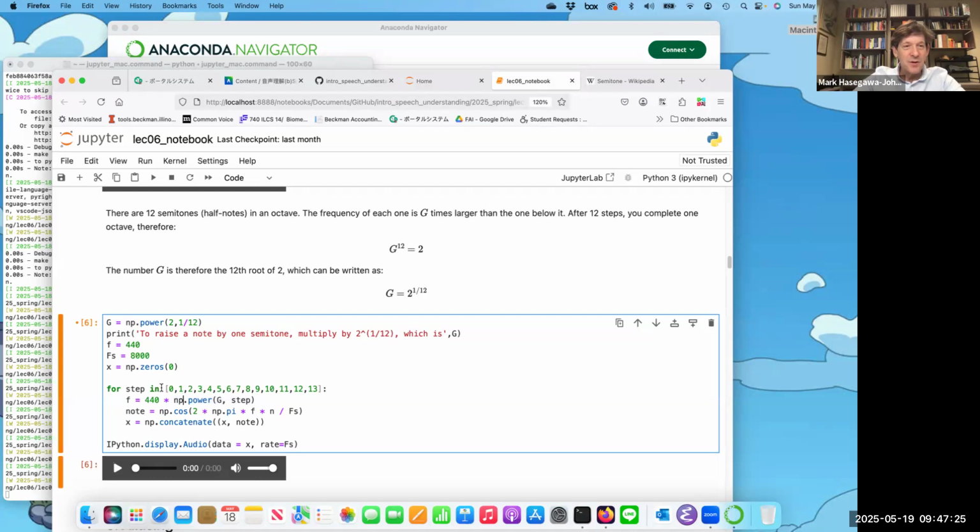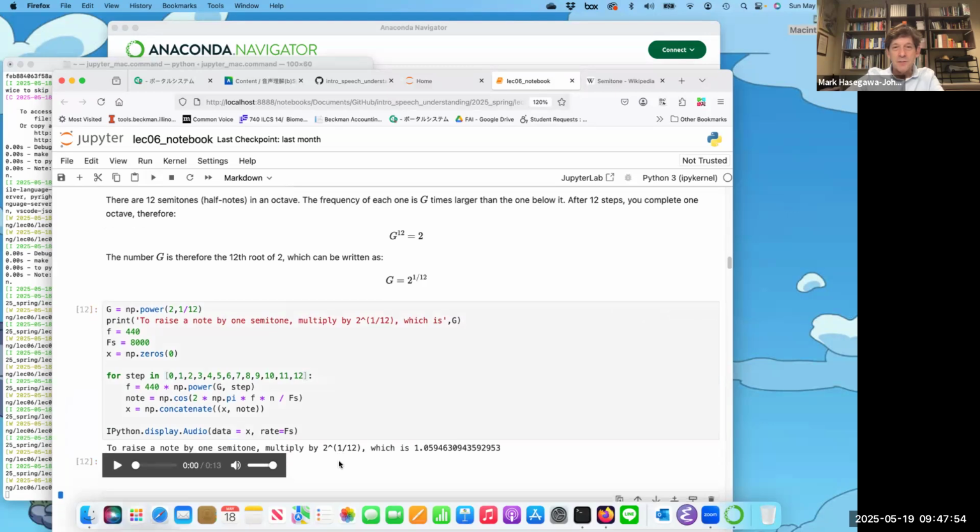Let me start out with f, and then multiply by g each time in a row. No, let me leave it like this. So I'll take g and raise it to the power of the step, where the step is 0, 1, 2, 3, 4, 5, 6, etc., all the way up to 12. I don't think I need to go to 13. I'll take step going from 0 to 12, and that should go one complete octave from the A note all the way up to the next A note. And so let's do that.